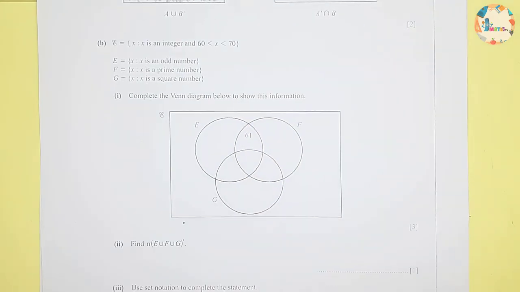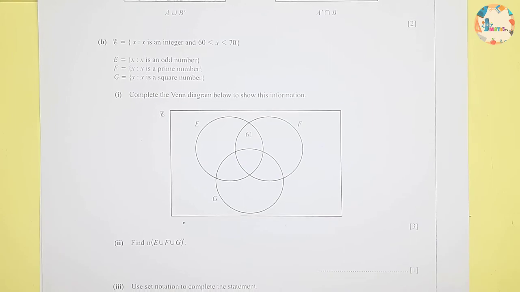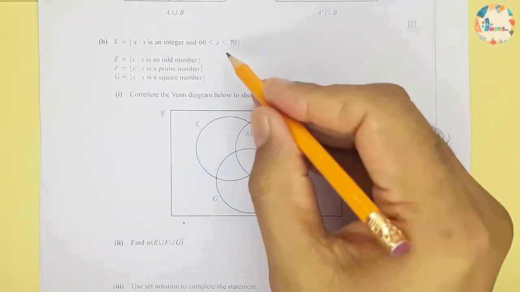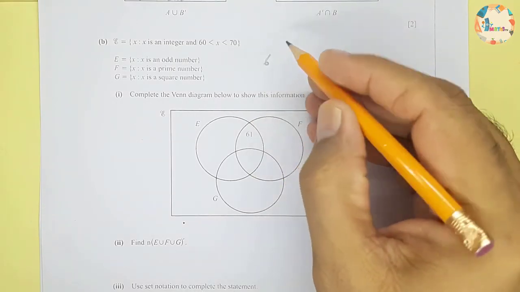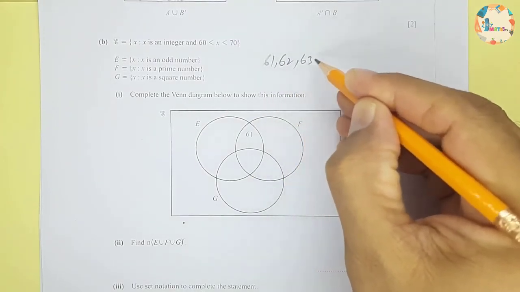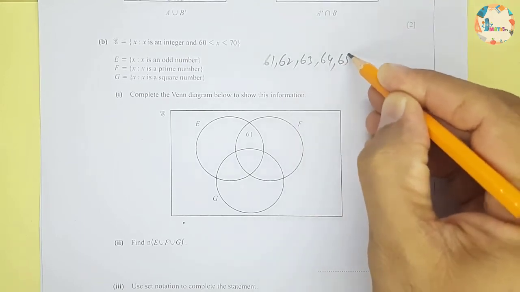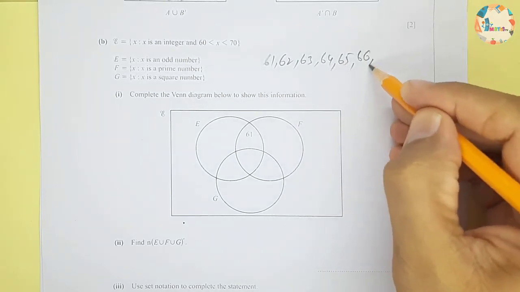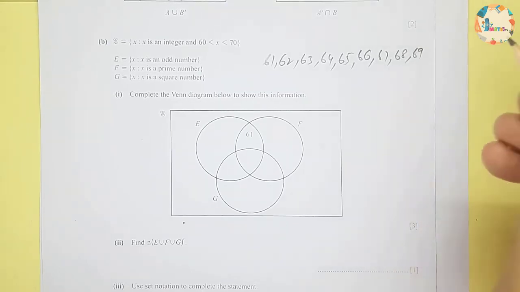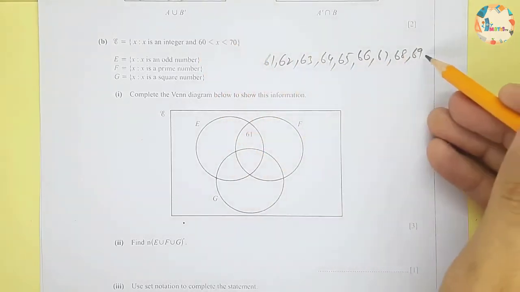So complete the Venn diagram below to show this information. So 60 to 70 will be 61, 62, 63, 64, 65, 66, 67, 68, and 69. 70 and 60 will not be included.